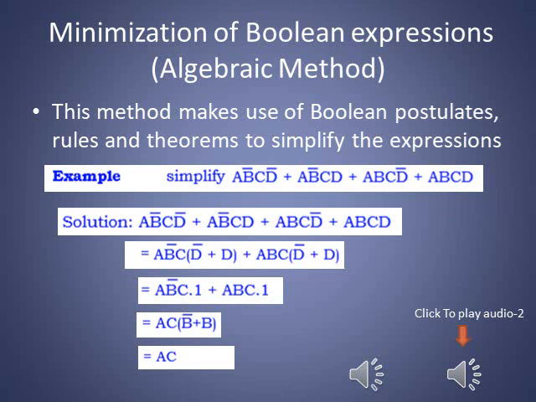Next, we discuss minimization of Boolean expressions, that is simplifying or reducing the Boolean expressions. Here we use first the algebraic method. This algebraic method makes use of Boolean postulates, rules and theorems which we have already seen and derived to simplify or reduce the expressions. Why do we have to reduce the expressions?